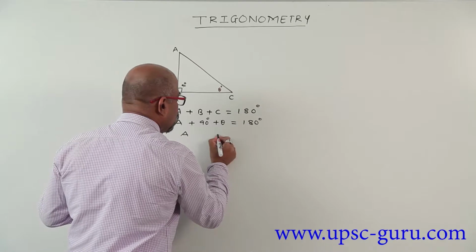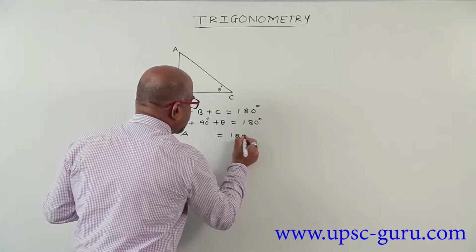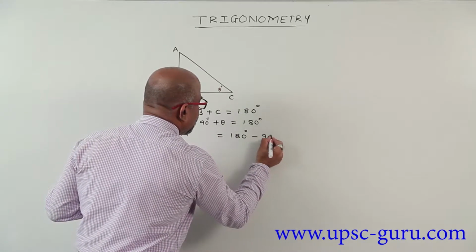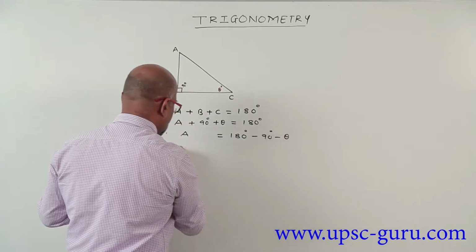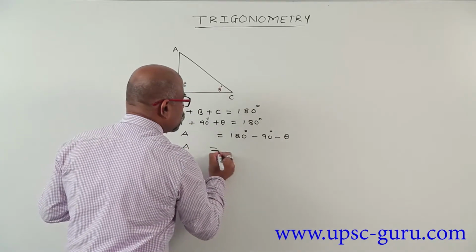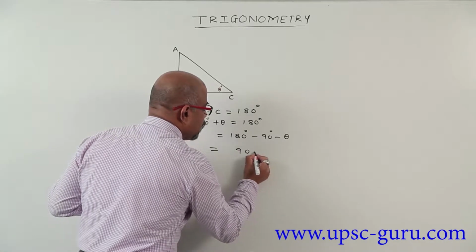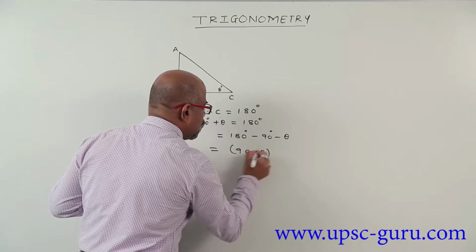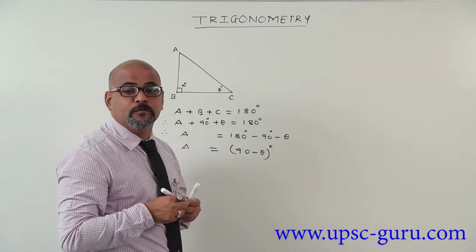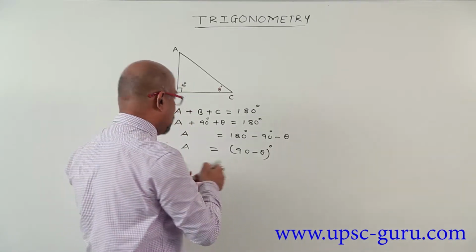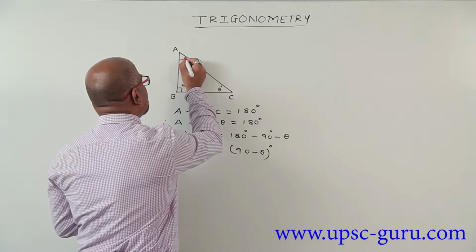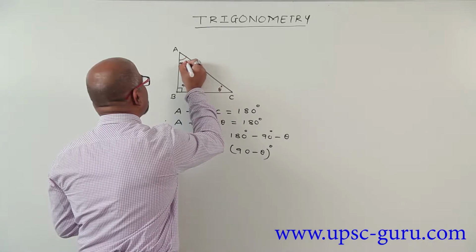Therefore we get A equals to 180 minus 90 degree minus theta. Therefore A equals to 180 minus 90 gives us 90 minus theta. Therefore angle A equals to 90 minus theta degree. Let us write here 90 minus theta.